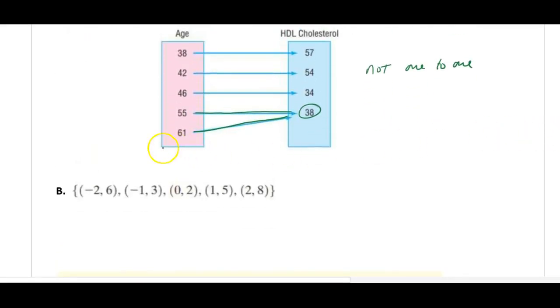But if I look at the next one, I'm going to look at the y values, right? First, I have to make sure it's a function. Do I have any repeating x values? No. But if I look at the y values, none of them repeat, which means every output has basically one input. Okay, so this would be 1-to-1.